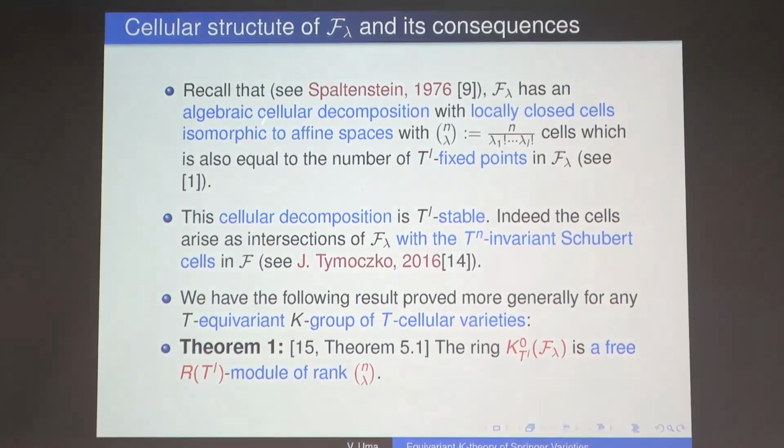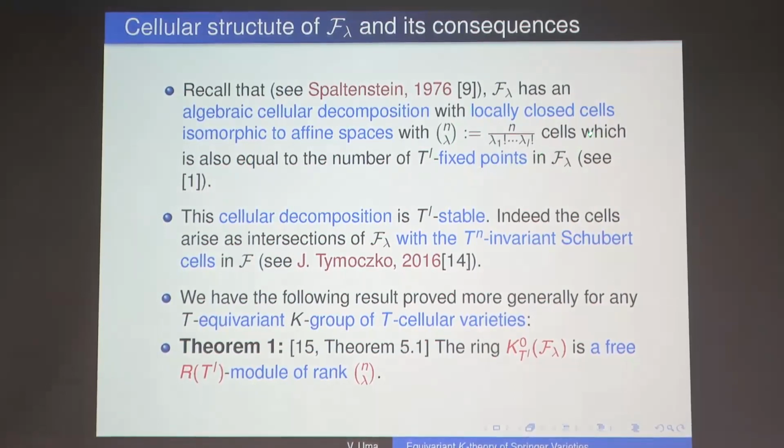So we recall again that this Springer variety has an algebraic cellular decomposition with the cells looking like affine spaces, or equivalently it is paved by affine spaces. So there is a filtration where, when you take the successive differences, they are affine spaces. This was proved by Spaltenstein, and there are exactly n choose lambda cells.